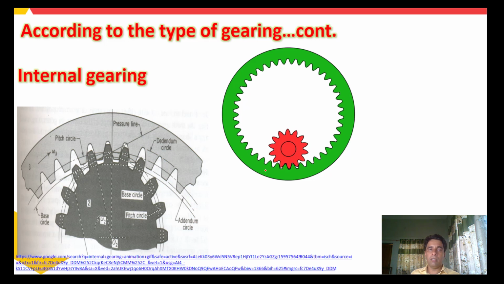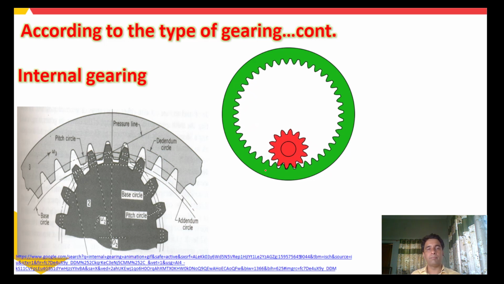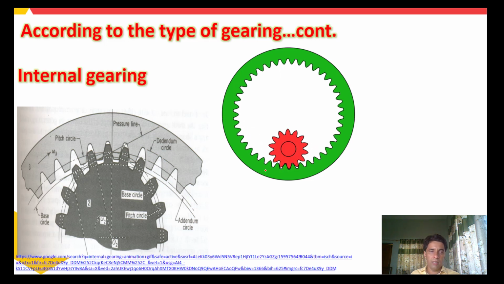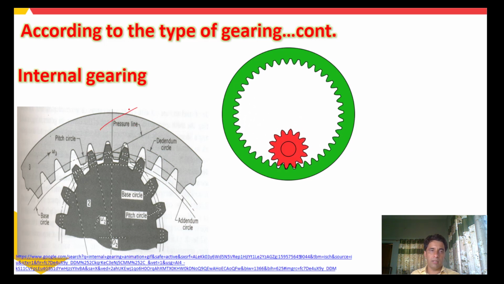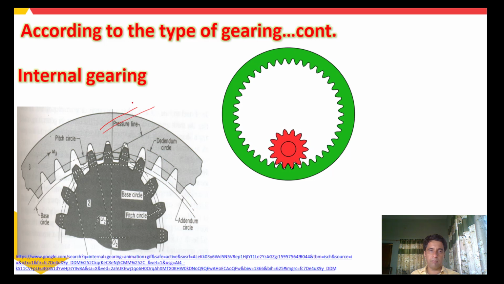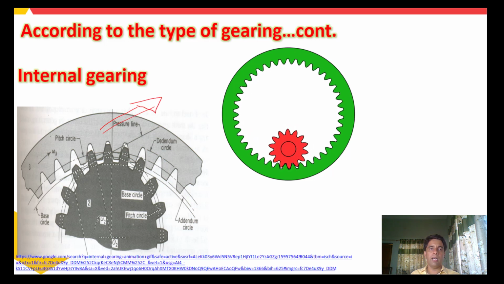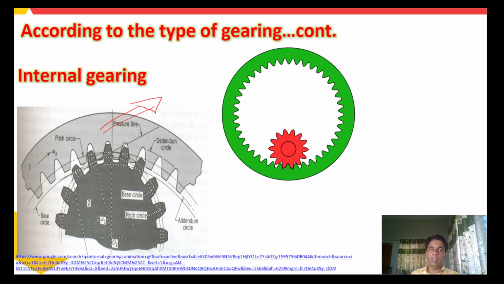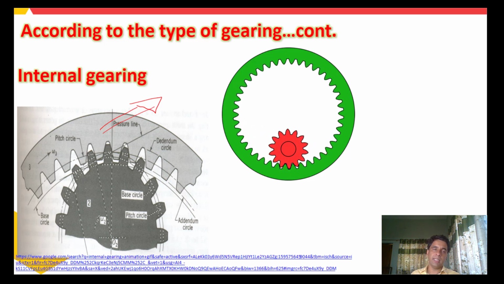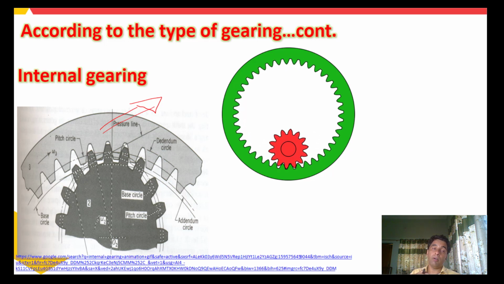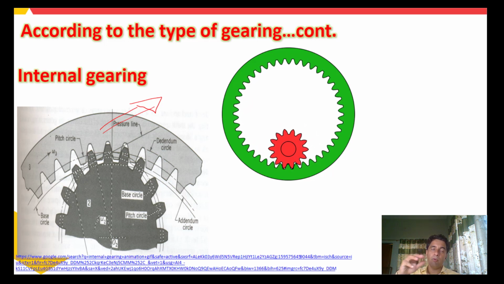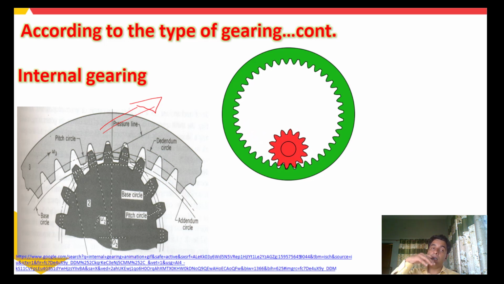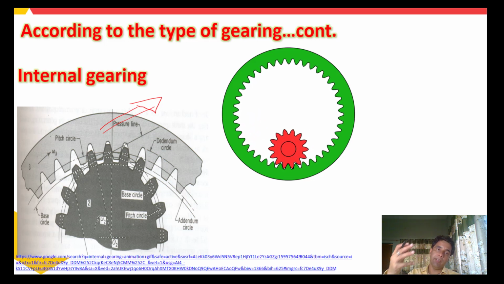Now look at the third one, that is the internal gearing. In case of internal gearing, you can see this part of the gear is called an annular ring. In internal gearing, the gear teeth are formed on the inner surface of the annular ring rather than the outer surface of the wheel.